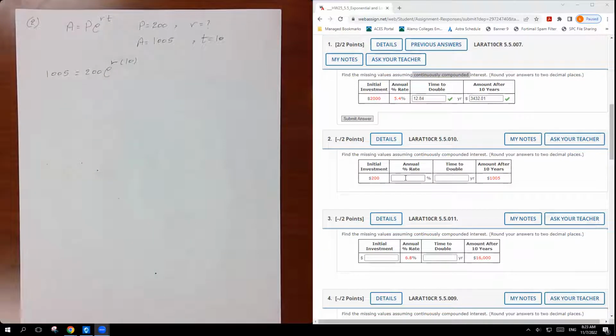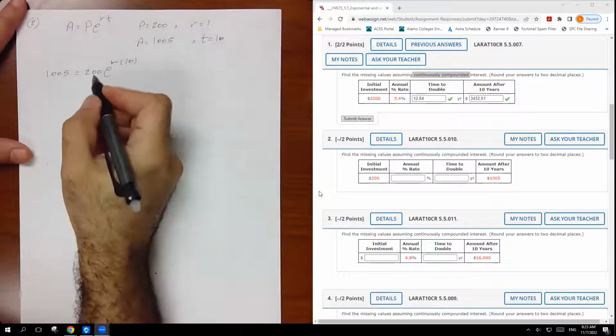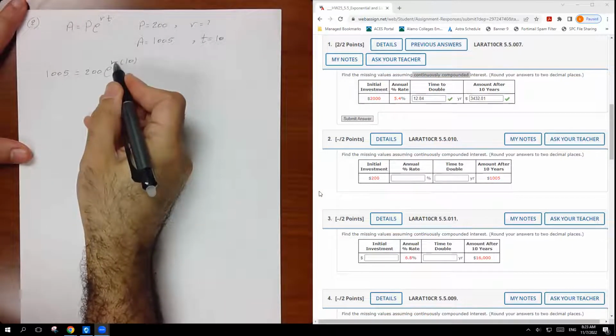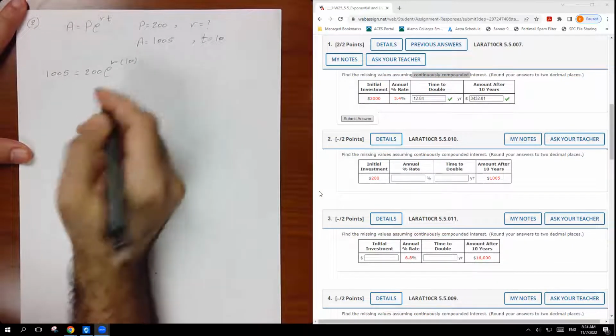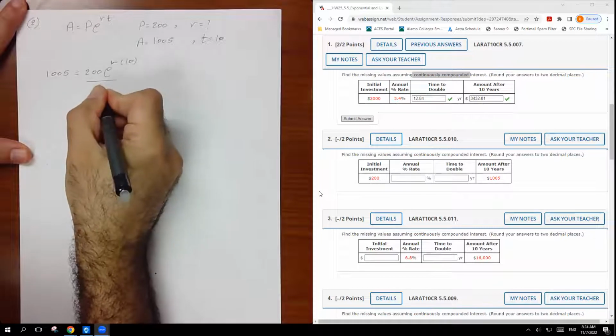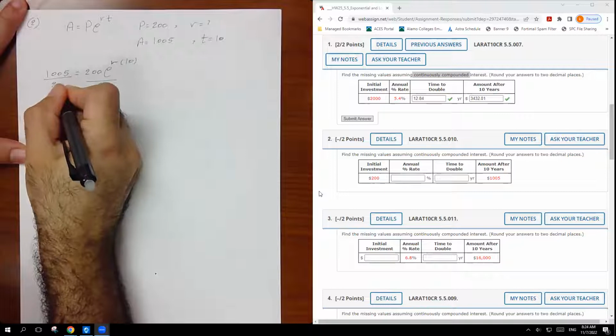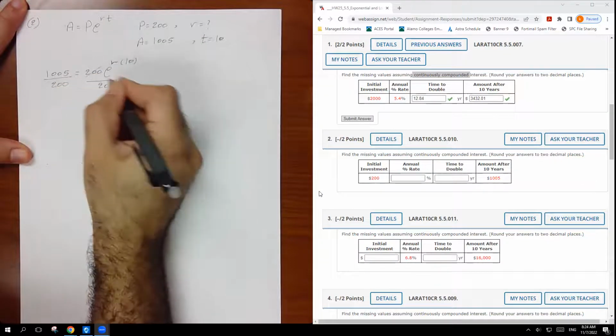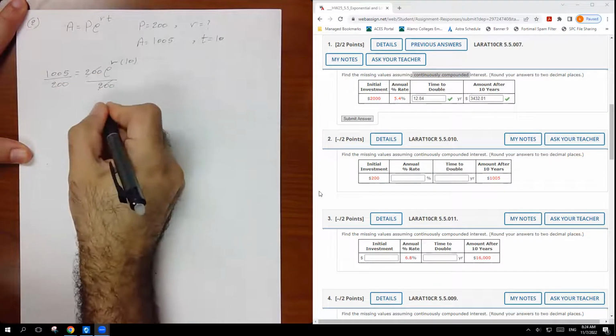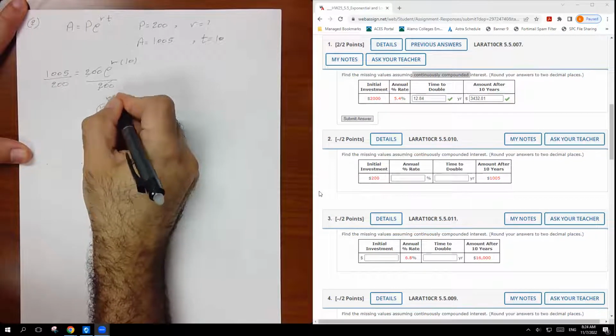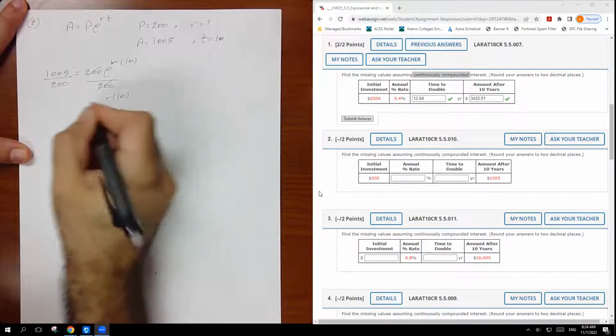So let's go ahead and check how we're going to find the rate. Exactly the same steps. I need to keep this part by itself on this side. So I'm going to divide both sides by 200. Cancel here. That means on this side is going to be e to the r times t.